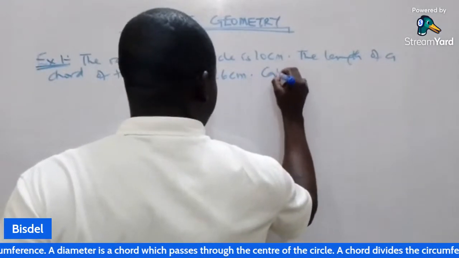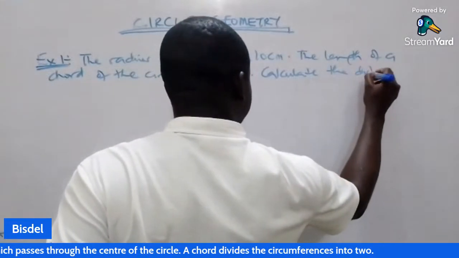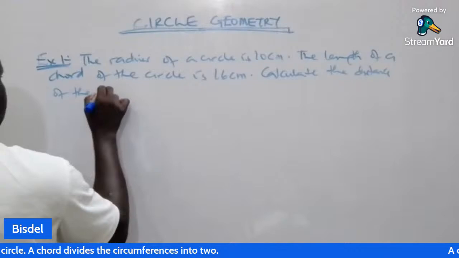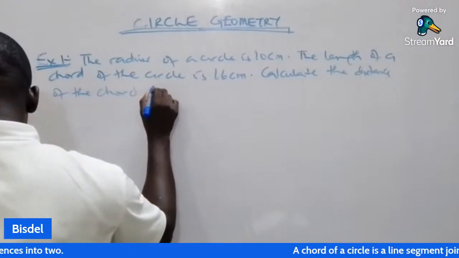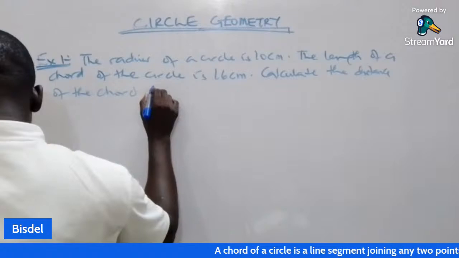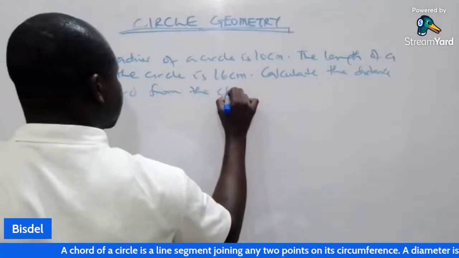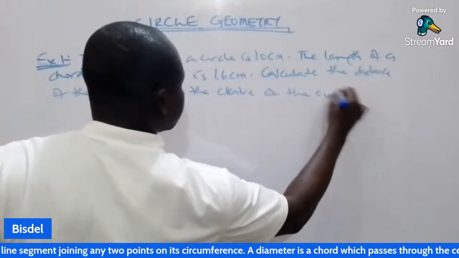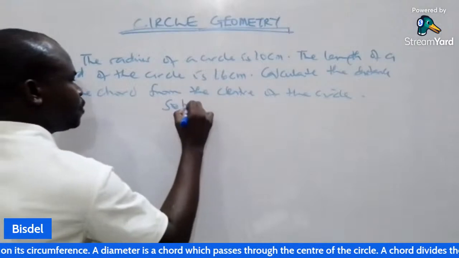The question now says calculate the distance of the chord from the center of the circle.